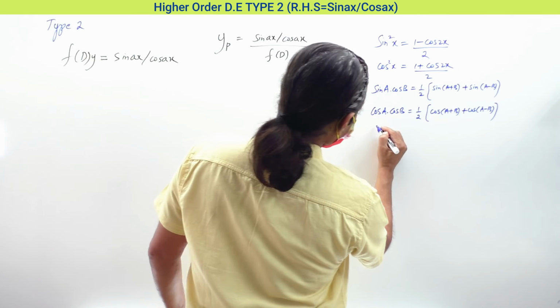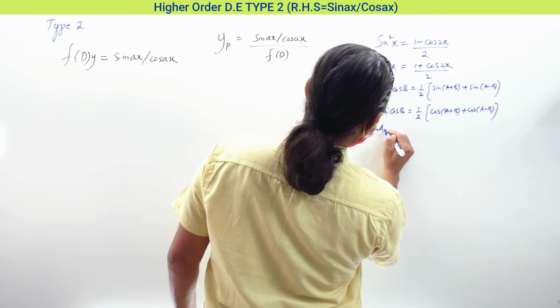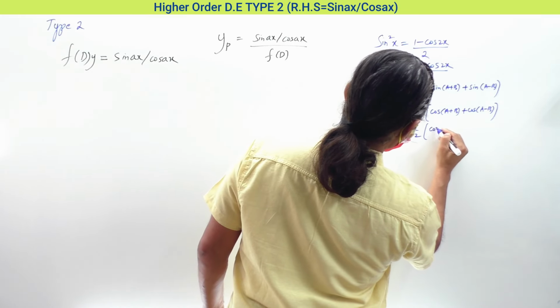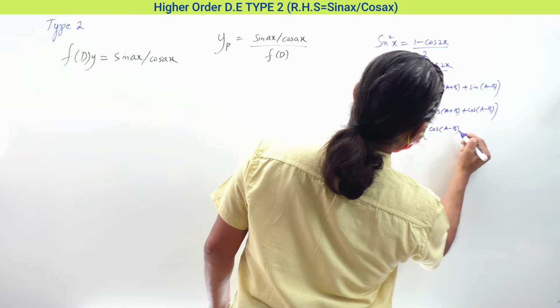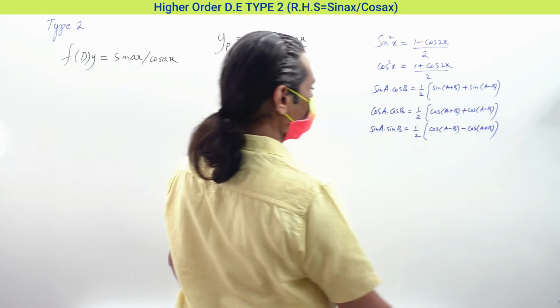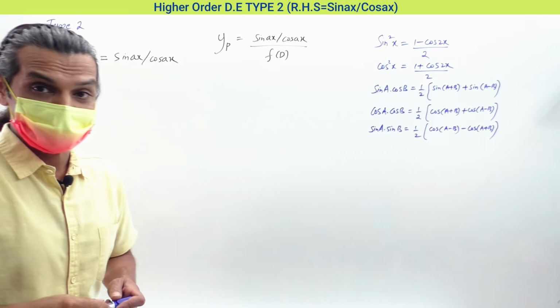And lastly, sin a into sin b is equal to half of cos of a minus b minus cos of a plus b. These are all the trigonometric identities to be remembered.